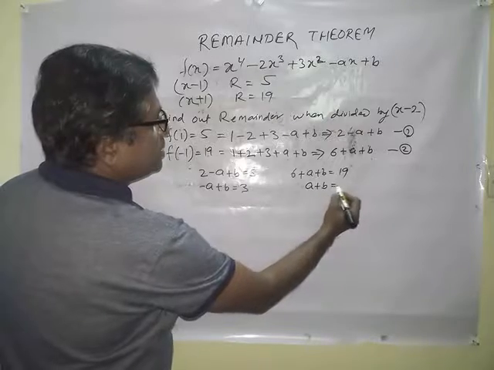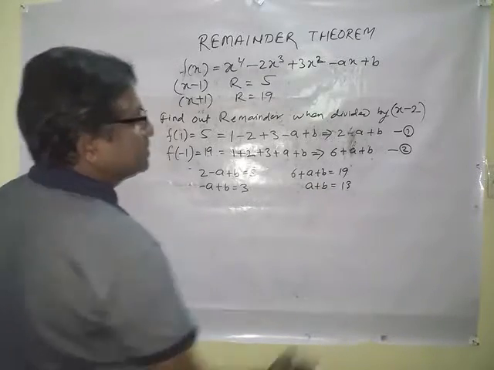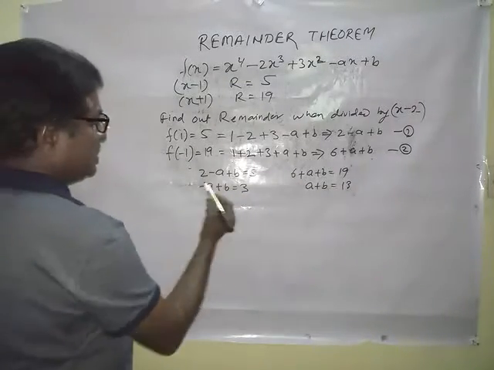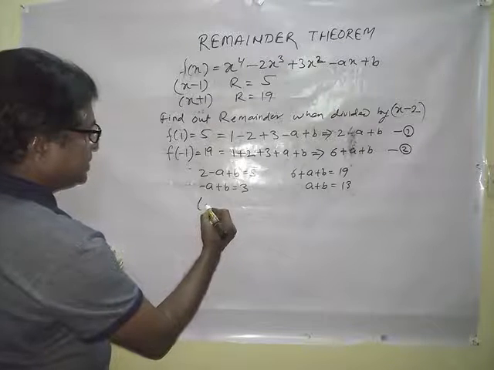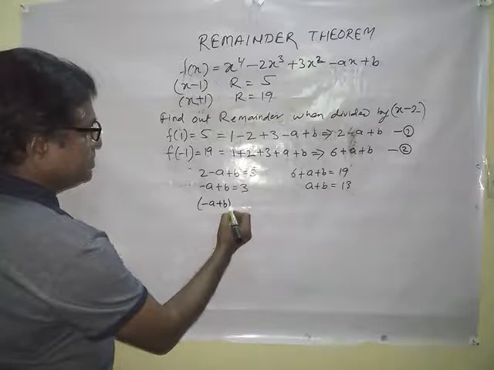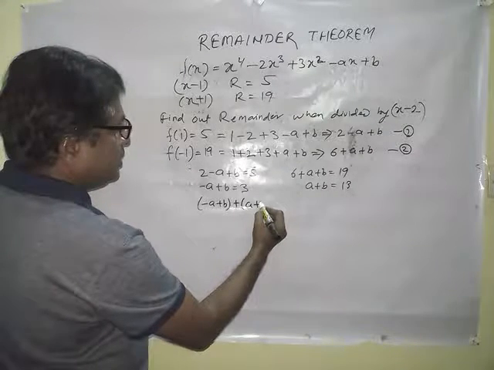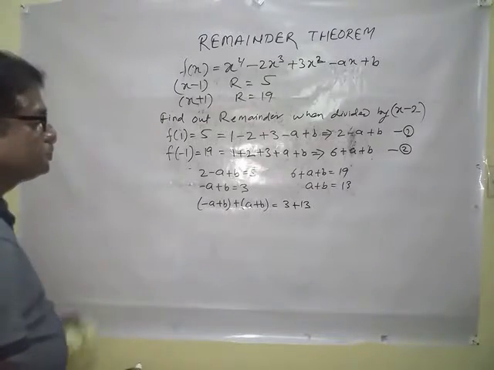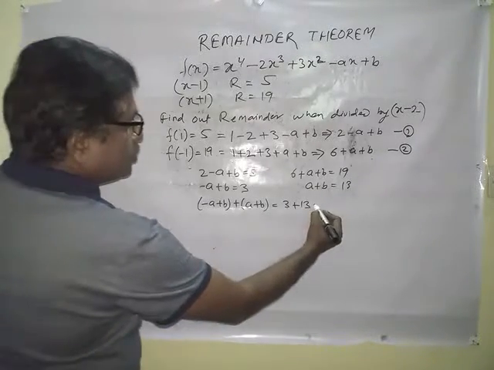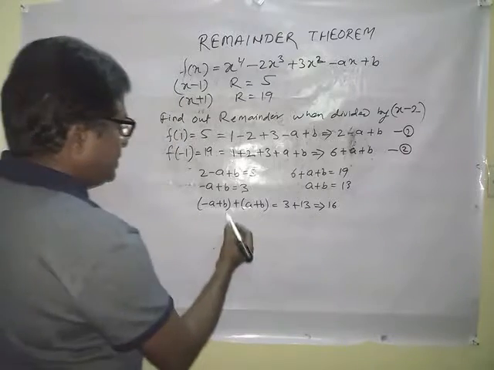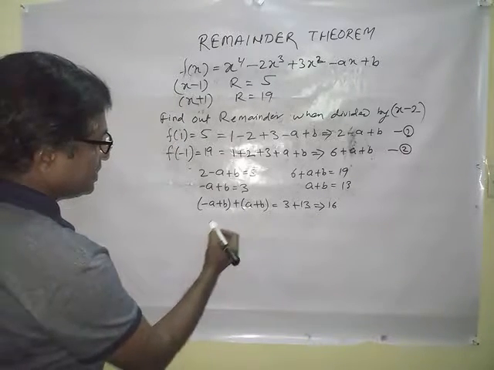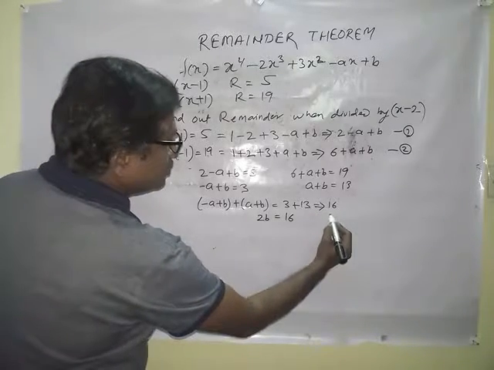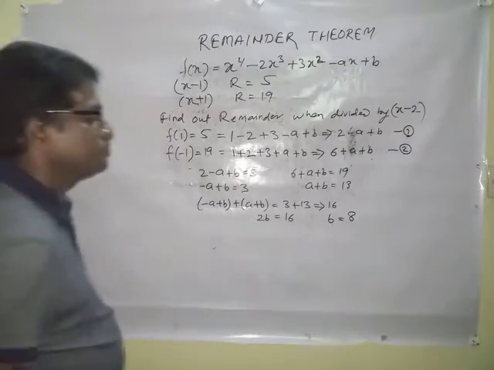So a plus b equal to 19 minus 6, which is 13. Now add these two equations. Left hand side to left hand side and right hand side to right hand side. Minus a plus b plus a plus b equal to 3 plus 13. So it is equal to 16. Here you will see minus a will get cancelled. It will become 2b is equal to 16. So b equal to 8.